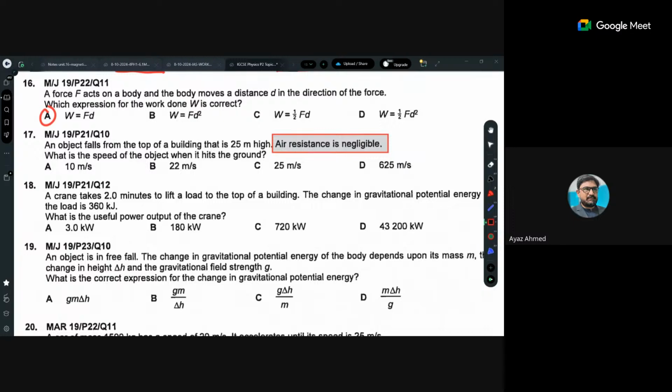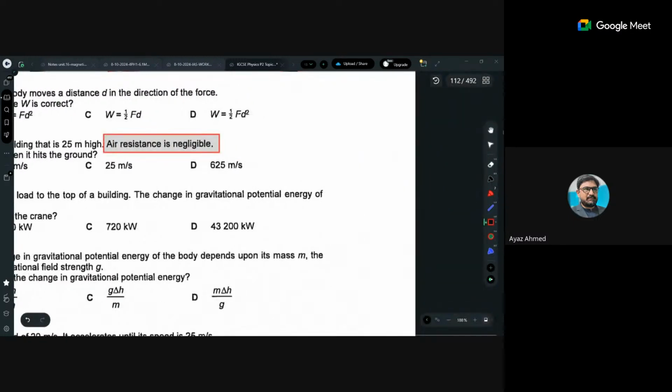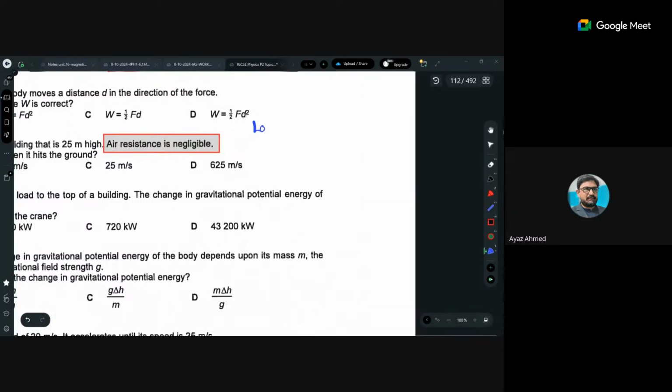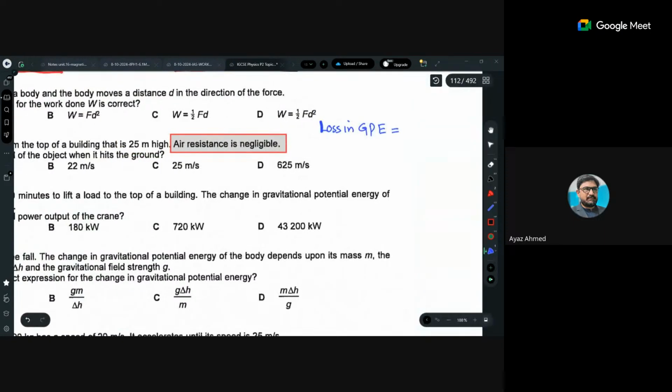This question is somehow hard for students because we must know that loss in GPE is equal to gain in KE. Loss in GPE is mgh and gain in kinetic energy is 1 by 2 mv square, right? Is it clear to you?